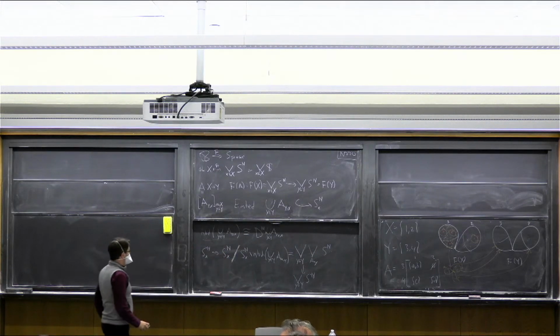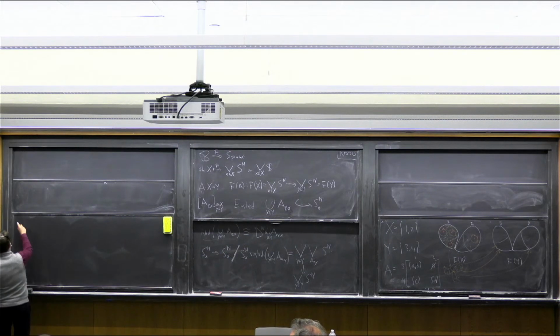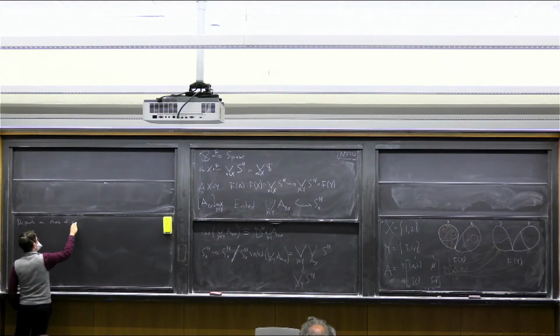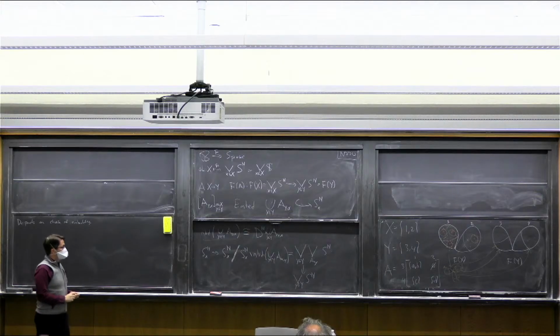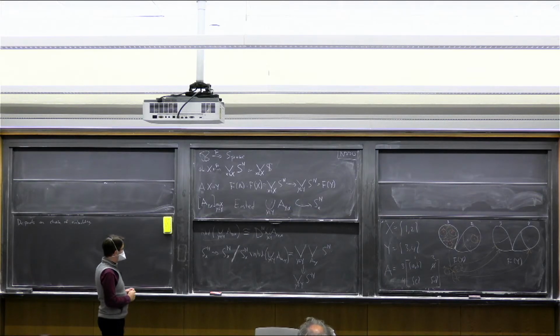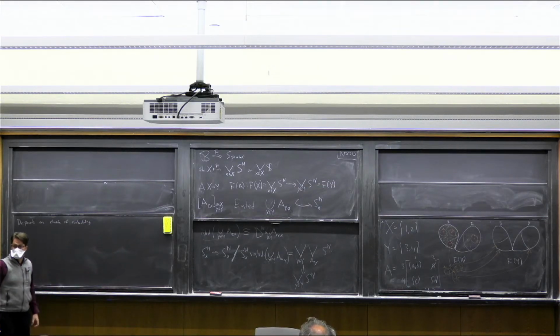I made a choice. This depends on a choice of embedding. However, if n is big, all of the embeddings are isotopic.